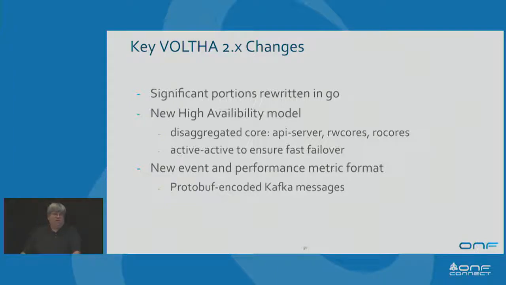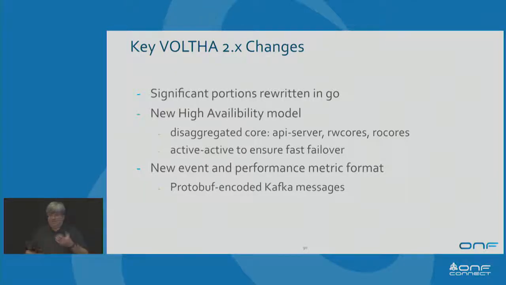There is a new high availability model. So we have disaggregated what was before a fairly monolithic Voltha and split it into a couple of parts. There is an API server, which is sort of a high availability front end, and then there are read-write cores and read-only cores, which implement the old core functionality of Voltha.